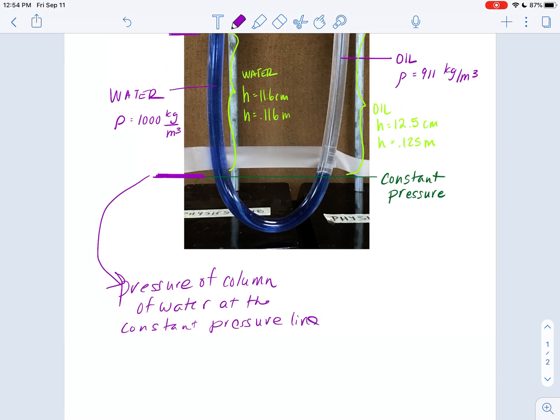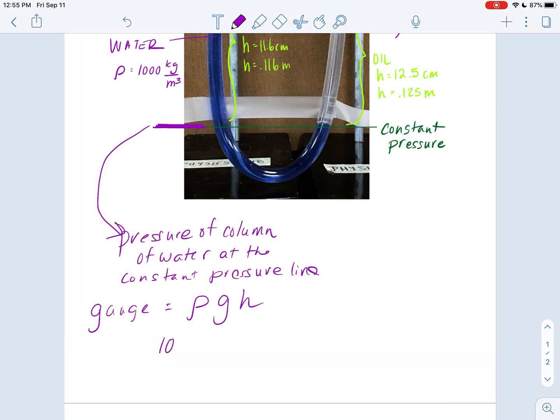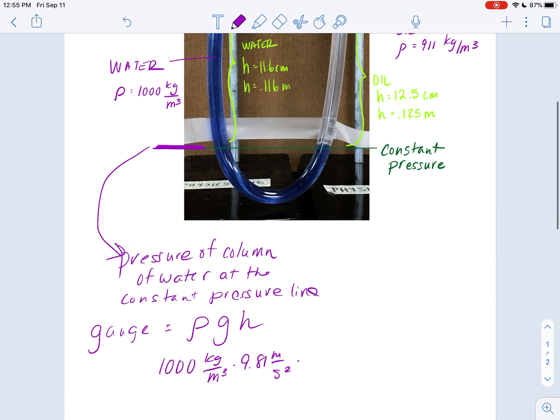To do that, I'm going to use something called gauge pressure. Gauge pressure is pressure due to depth, and it's equal to rho, density, times g, 9.81, times h, the height of the column. So for water, that's 1,000 kilograms per meter cubed times 9.81 meters per second squared times a height of 0.116 meters.